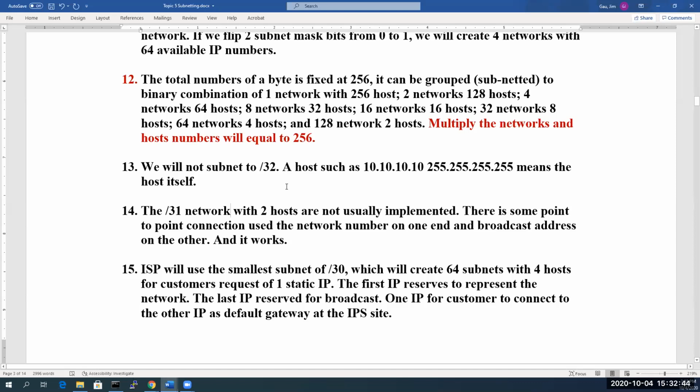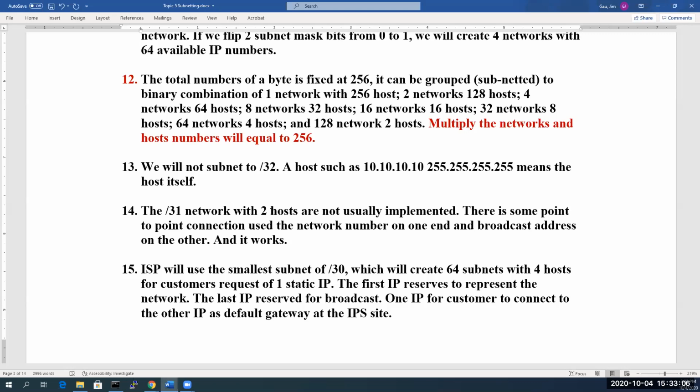Only the last bit is the host. A bit can only hold 0 or 1. Therefore, each network can only have 2 hosts. One represents the whole network and one is for broadcast. You cannot legally use any host ID for anyone.